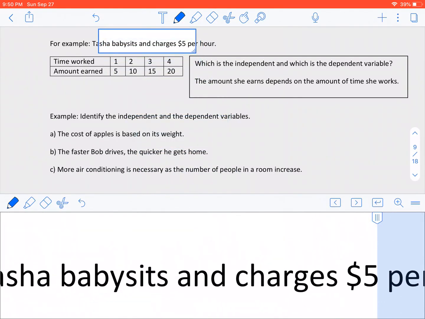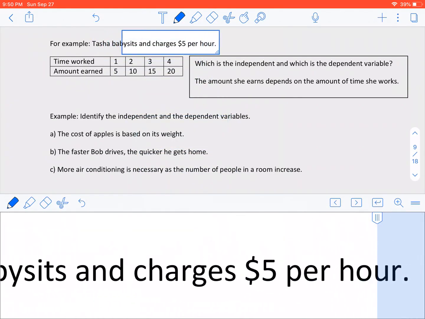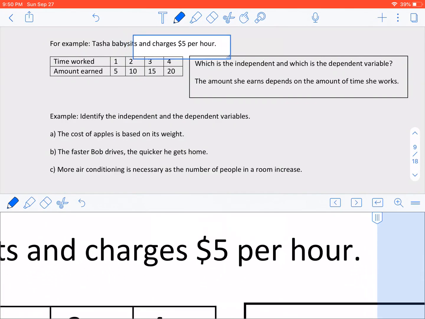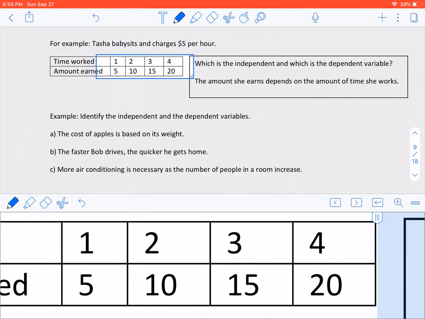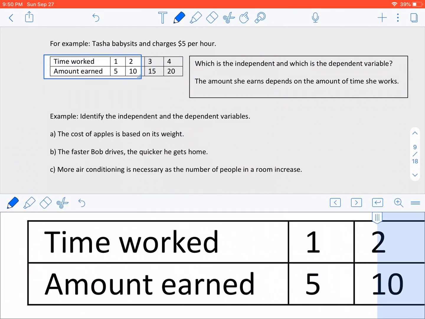So Tasha babysits and charges $5 per hour. So that means after 1 hour she makes $5. 2 hours she makes 10, 3, 15, 4, 20. Which is the independent, which is the dependent? X, Y. Remember, X is input, Y is output.